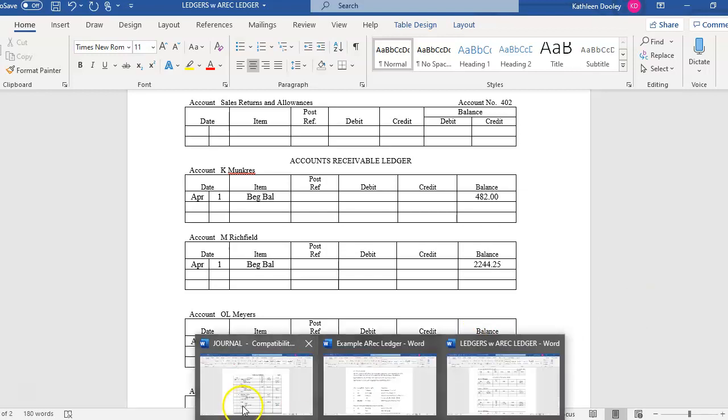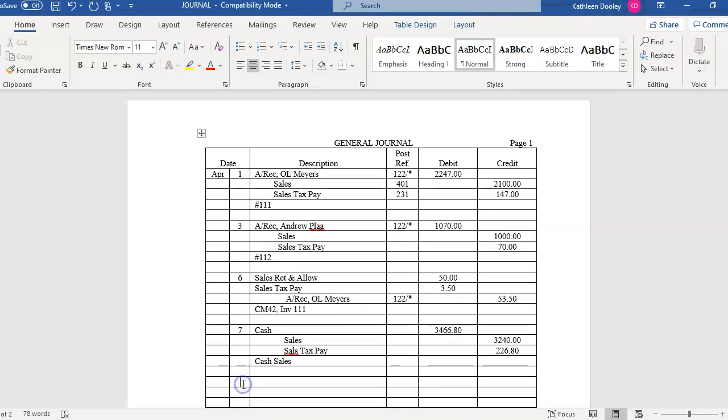Okay, so I go to my journal. Okay, this is the 9th. Record the date. We're receiving cash, so I'm going to debit cash. And that's $21.93.50. And when they no longer owe us, I'm going to credit accounts receivable, O.L. Myers, for the $21.93.50.